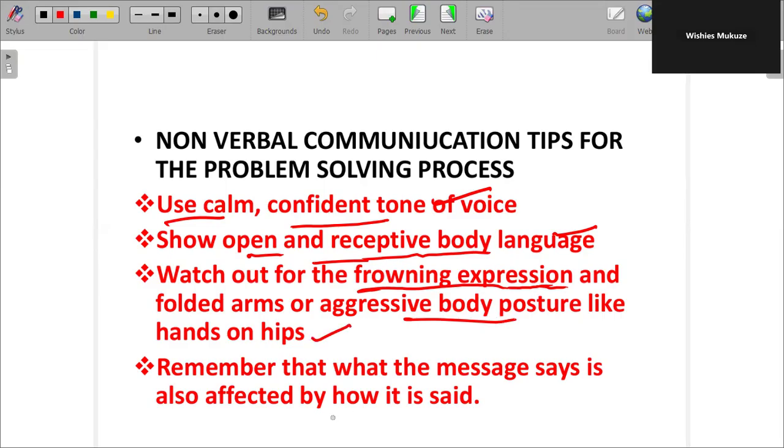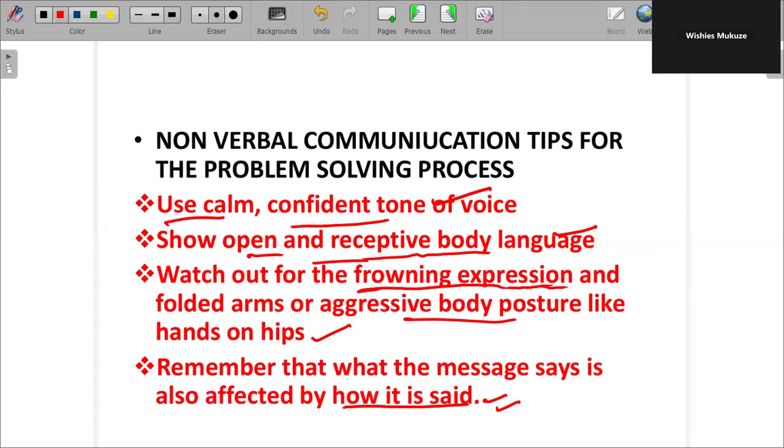Remember that what the message says is also affected by how it is said. So you need to watch your non-verbal expressions, because they normally supplement verbal expressions.